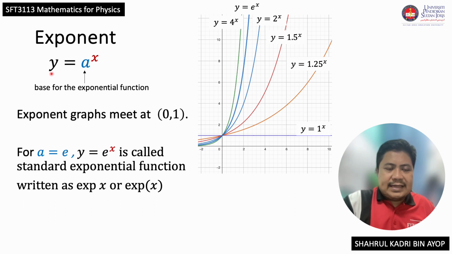This is an exponential function with a base a and a power of x. If we draw this function on a graph where the x scale and y scale are the same, here are y equal to 4 to the power x, e to the power x, 2 to the power x, and y equal to 1 to the power x.